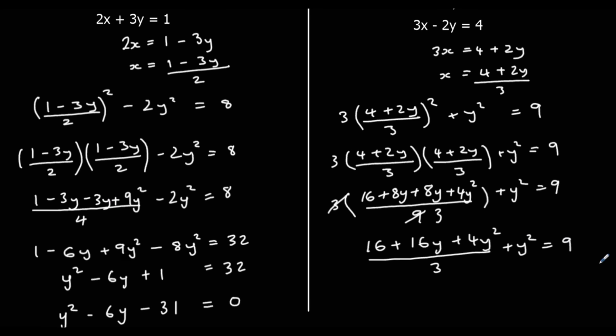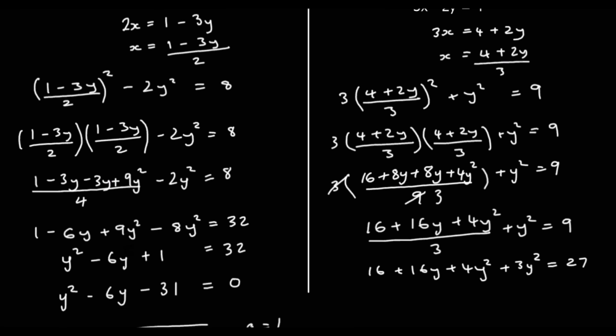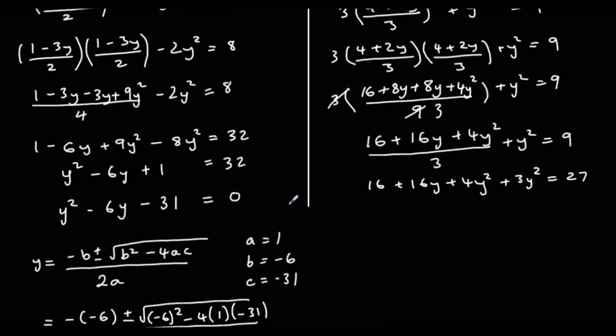To get rid of the over 3, let's multiply everything by 3. So we've got 16 plus 16y plus 4y squared, and then multiplying these terms by 3, so plus 3y squared equals 27. It's a quadratic. We'll collect like terms first, so 4y squared plus 3y squared makes 7y squareds.